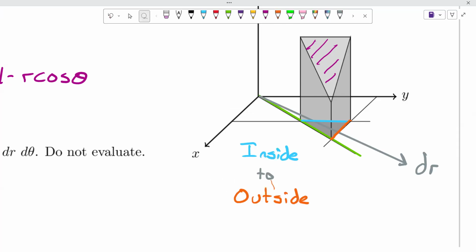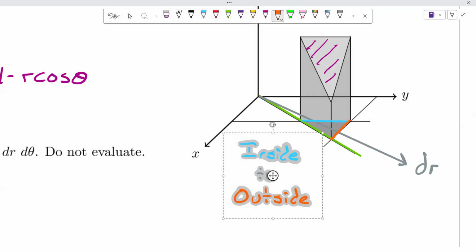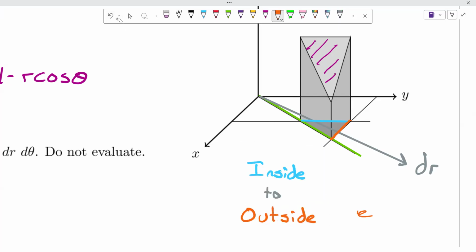And finally, I want to be thinking about theta, and theta really needs to start from the positive x-axis and work its way counterclockwise, which means I'm going to be starting from pi over 4 and working my way around. So I'm going to need this intersection point, that purple one right there, where the blue and the orange intersect.